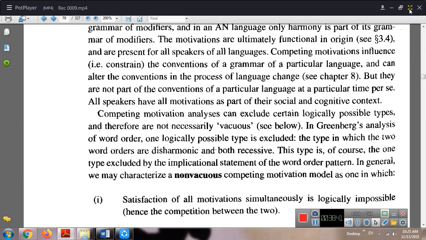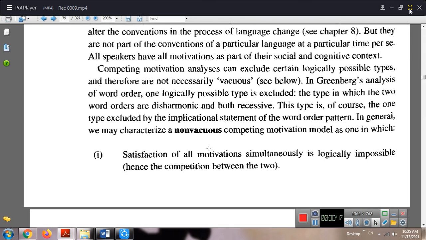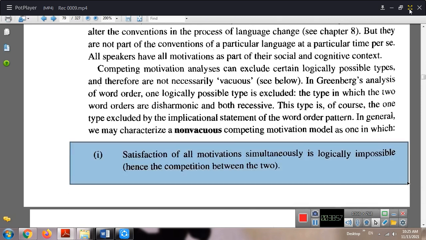In general, we may characterize a non-vacuous competing motivation model as one in which satisfaction of all motivations simultaneously is logically impossible. Dear student, you should know this. Satisfaction of all motivations simultaneously is logically impossible.